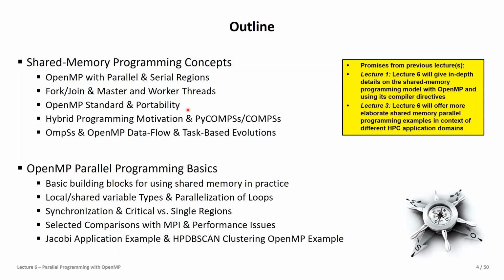And in order to see a bit of a bigger picture how these also improved over time, we look at something called COMPSs and PyCOMPSs, that is actually extending here and there with OmpSs, also the OpenMP future really of the standard, which is much more into data flow and task-based evolutions, also considering GPUs, for instance.